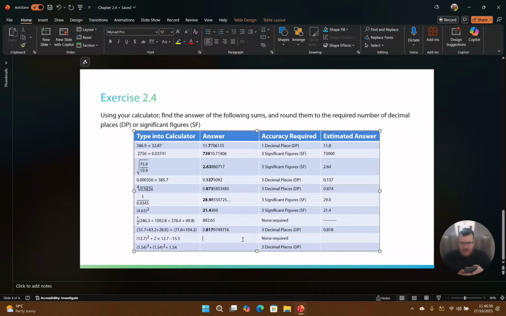The next one, again, doesn't require any accuracy. So we want then, in brackets, 12.7 squared plus 2 times 12.7 minus 15.3.